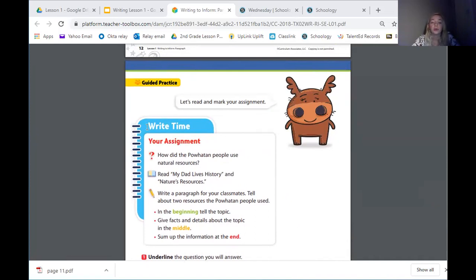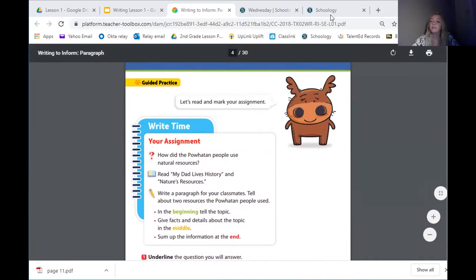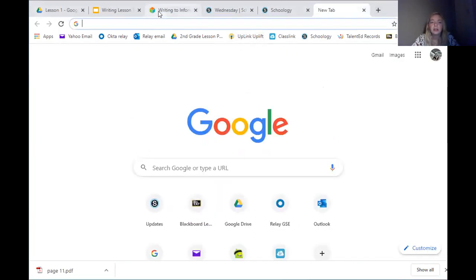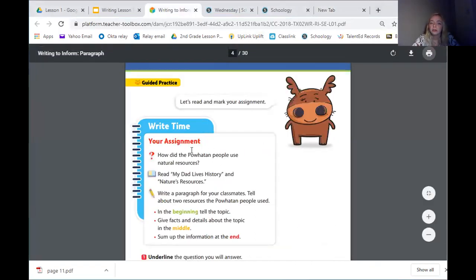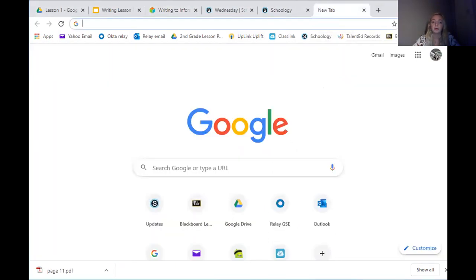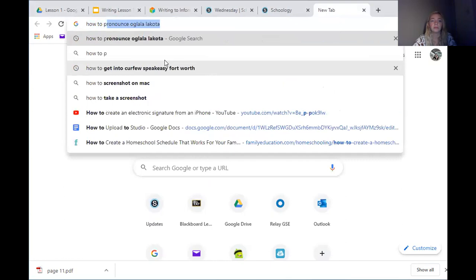Okay, so right, our assignment. How did the, here's another word I'm not sure how to say, but I want to be respectful because it looks like it's a group of people. So let's look up how to pronounce that.